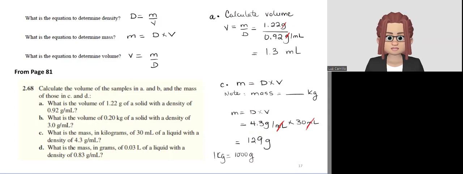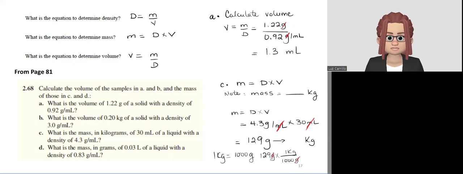So what this means is that if I'm using dimensional analysis to convert from grams to kilograms, I'm going to say 129 grams. I'm going to, in the bottom, say 1,000 grams, on top 1 kilogram. The units of grams cancel.